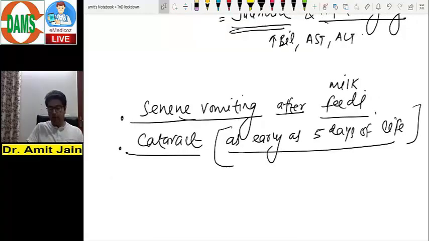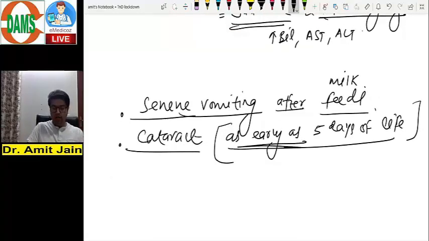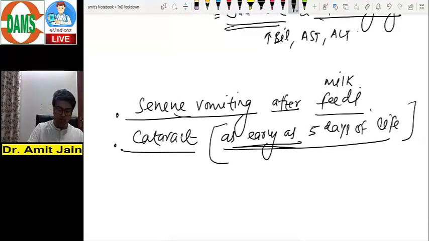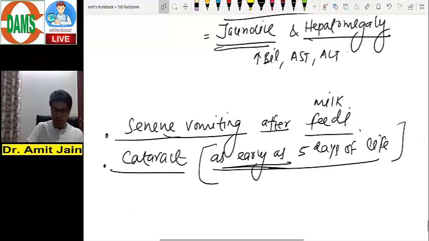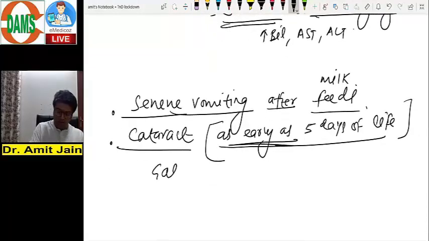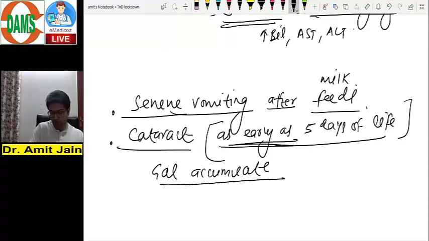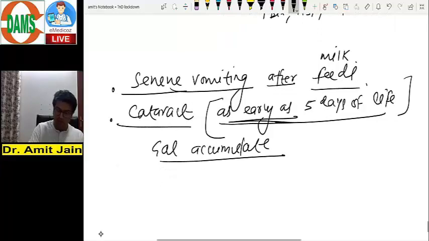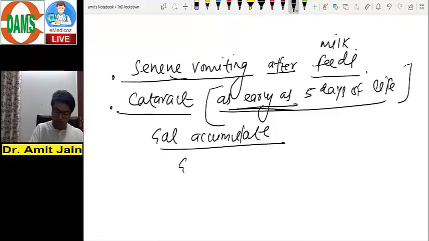It's not exactly 5 days, it is as early as that. So why is there a cataract in this newborn baby? Because galactose will accumulate ultimately. Once the ATPs are decreased, the galactose will start accumulating because it is not metabolized.